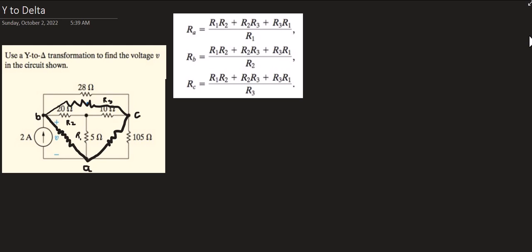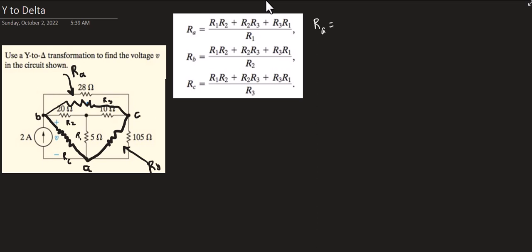Okay, so now RA is opposite node A. So this is RA. RB is opposite node B, so that's RB. And RC is opposite node C, so that's RC. So now we can compute those values.